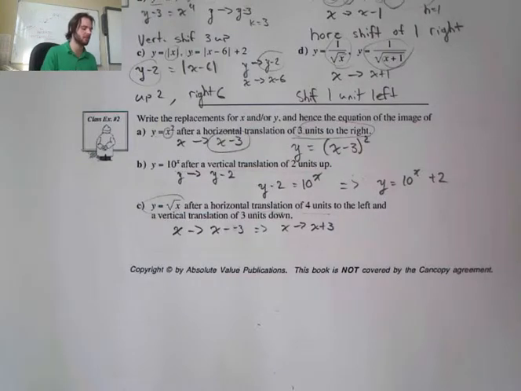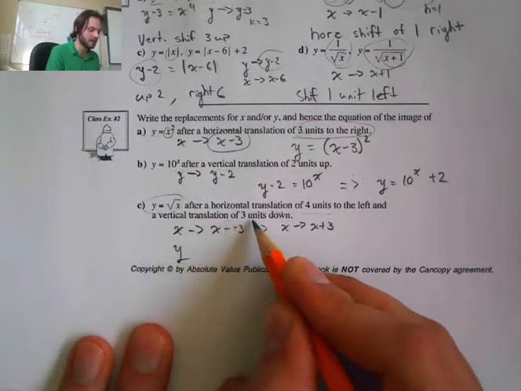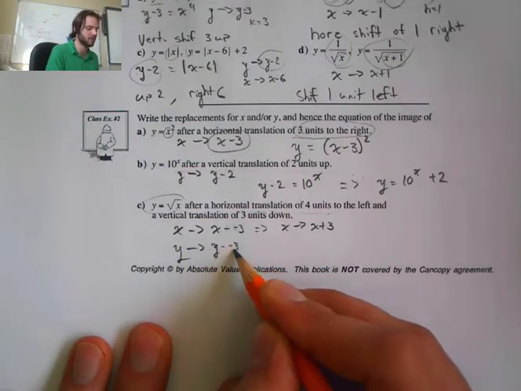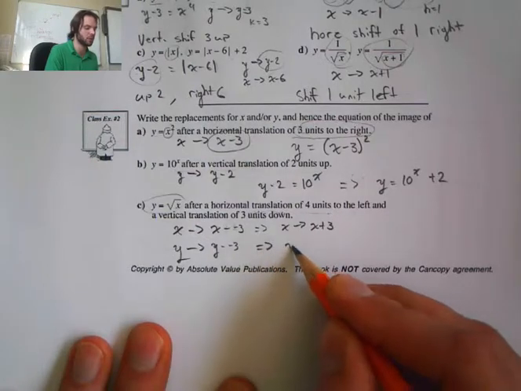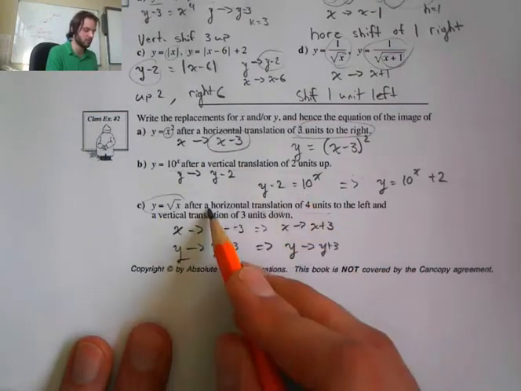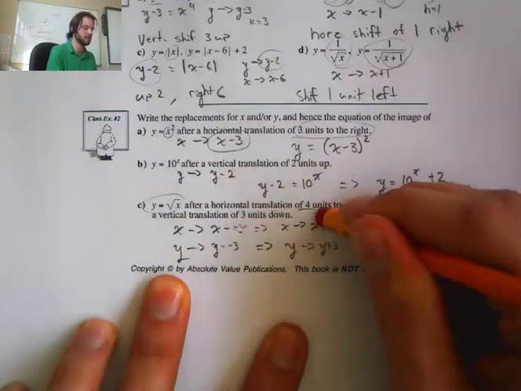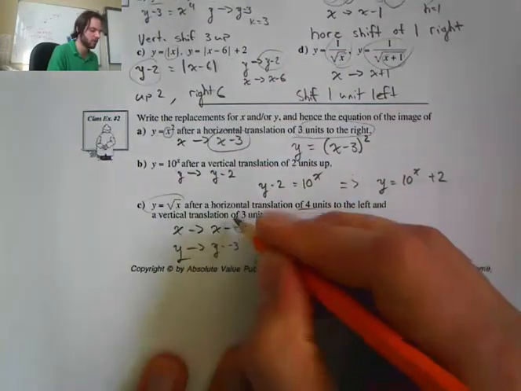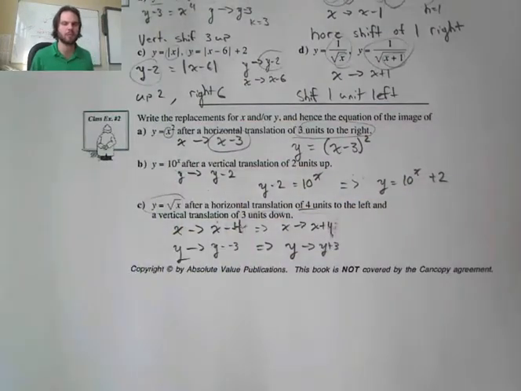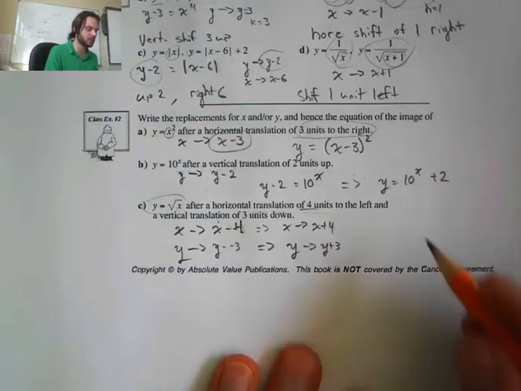Because left is negative. Now let's take a look at my y. My y is 3 units down. Let's replace it with y minus negative 3, because it's down, which gives me y plus 3. Oh, 4 units left. This should be 4. My mistake there. Sorry. 4 and a 4. So negative 4. So we're subtracting 4. My mistake.